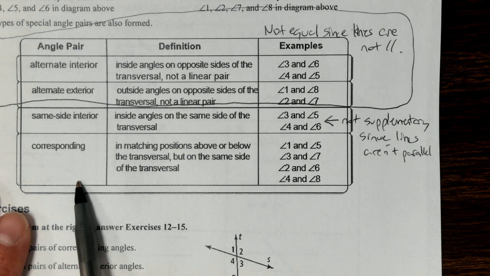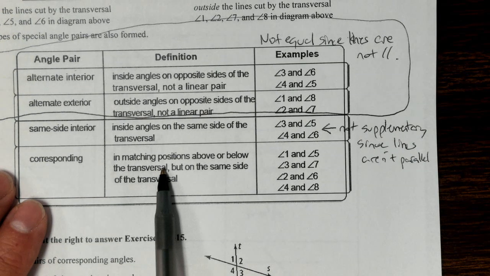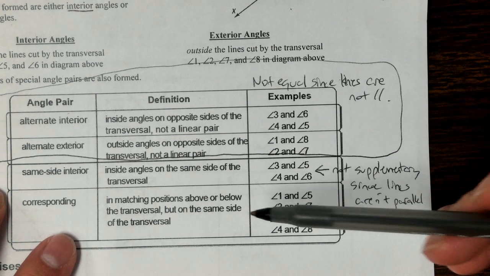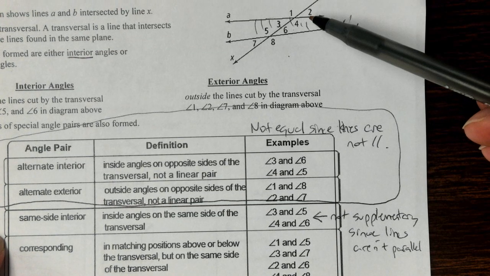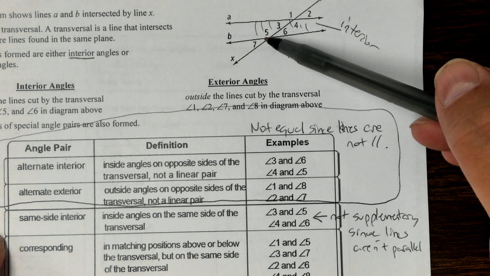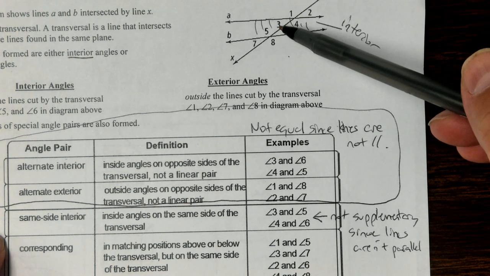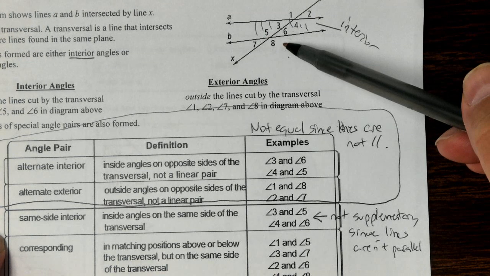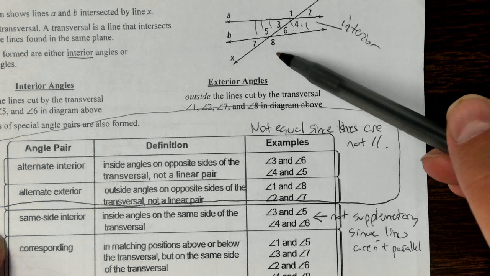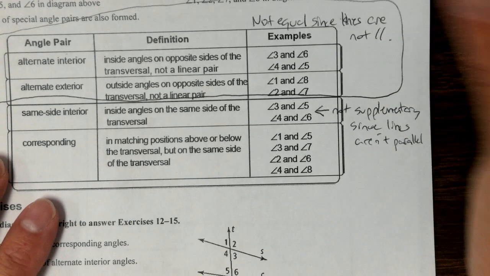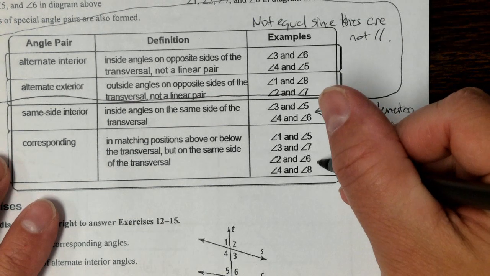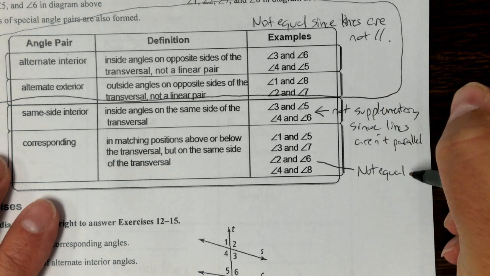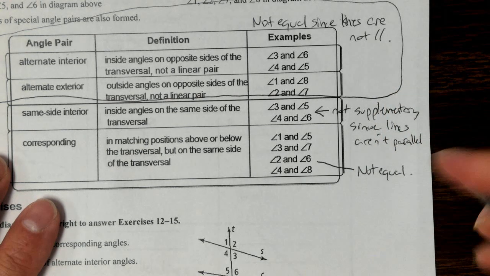And then you have your corresponding, which matches the positions above or below, but on the same side. Like you skip an angle: 1 and 5, skipping 3; 3 and 7, skipping 5; 2 and 6, skipping 4; and 4 and 8, skipping 6. These are not equal, but usually they are.